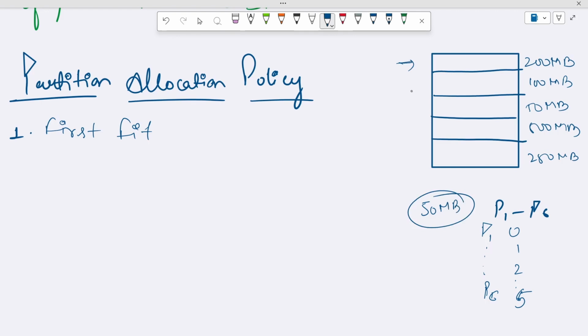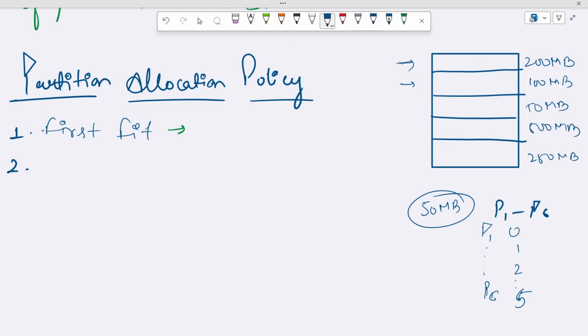Then if P2 comes, P2 is allocated to the second block. The first partition from the start stores the process. Those processes that come first get the memory first. That's easy.